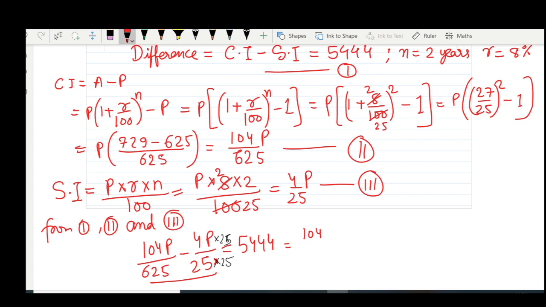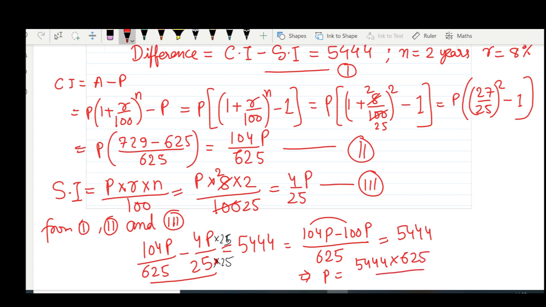So it becomes 104P minus 100P upon 625 is equal to 544. So you subtract and get 4P. I am doing it in one line. P is equal to 544 multiplied by 625 upon 4.